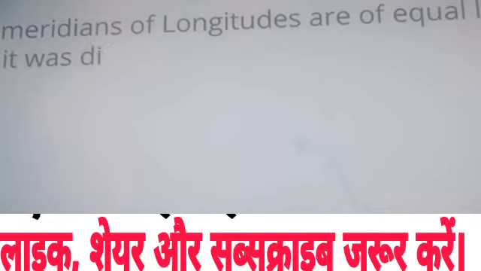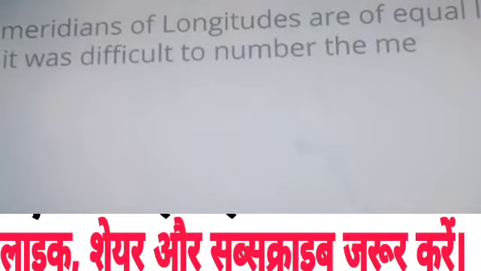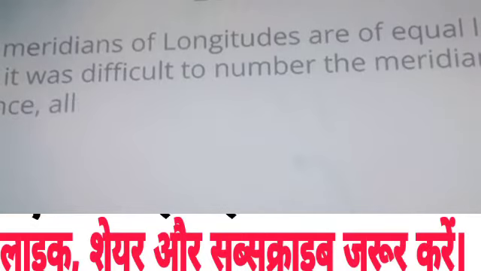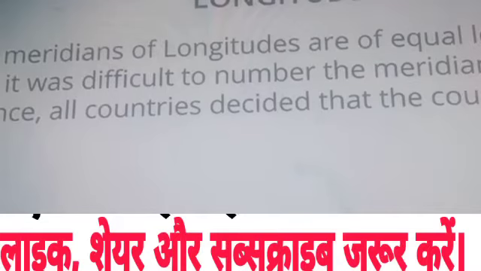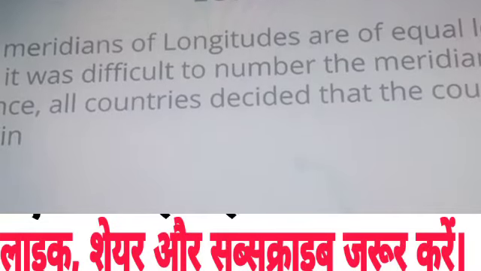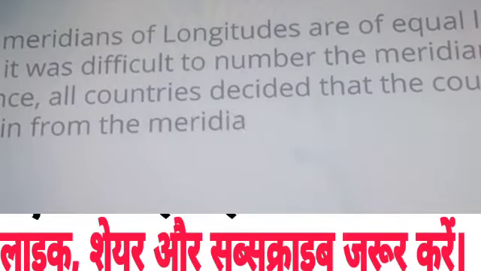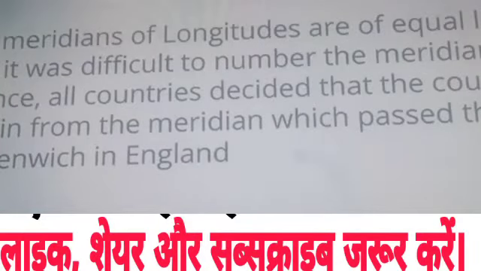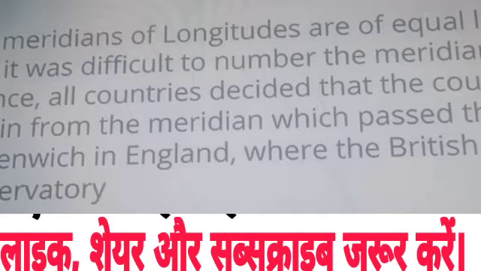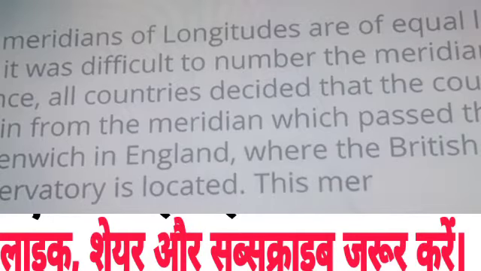So, it was difficult to number the meridians. Hence, the countries decided that the count should begin from the meridian which passes through Greenwich in England, where the British Royal Observatory is located. This meridian is called the prime meridian.